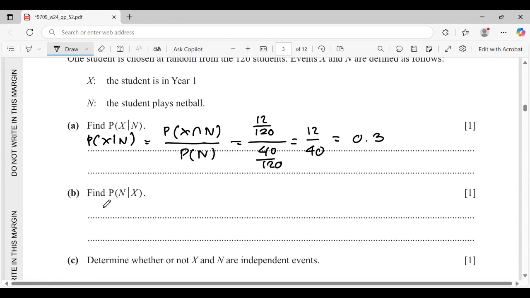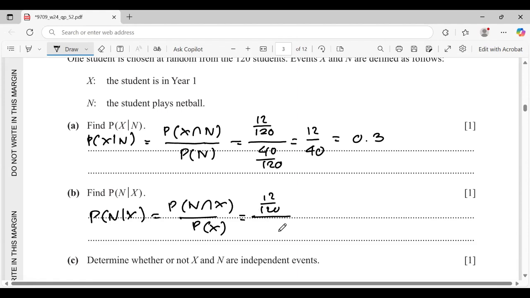B, find the probability of N given X. The probability of N given X equals the probability of N intersection X over the probability of X. The probability of N intersection X is the probability the student is in year one and also plays netball, and it is 12 over 120.